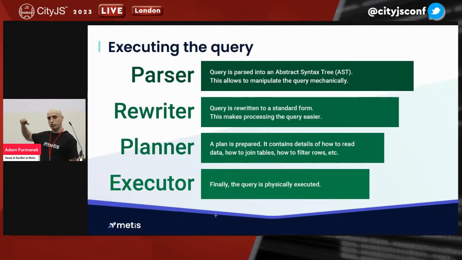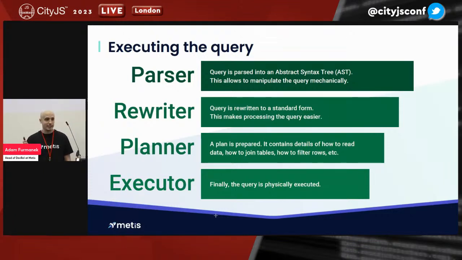Then comes the third part, which is plan, meaning that the SQL engine, before grabbing all the data from the database, wants to plan how it will do that: whether it is going to use this join strategy, this index, that index, is it going to filter first or filter later and whatnot. And finally, the SQL query is executed based on the plan.